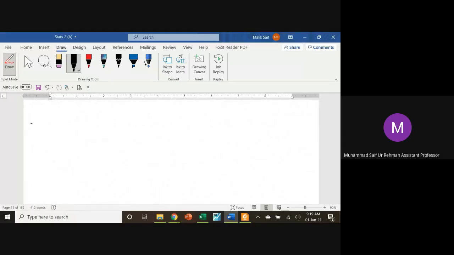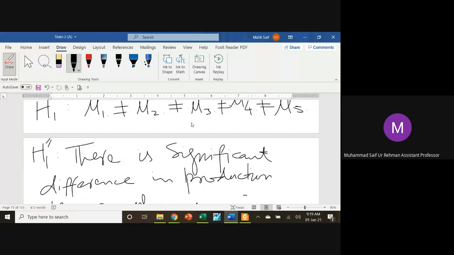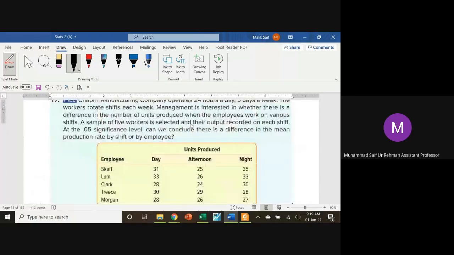So first of all, second step, level of significance, and that is alpha equal to... What was alpha? At 0.05 significance level.